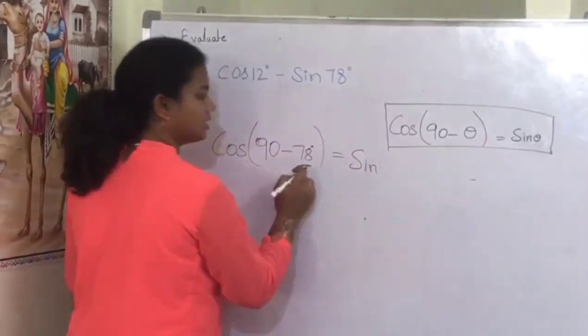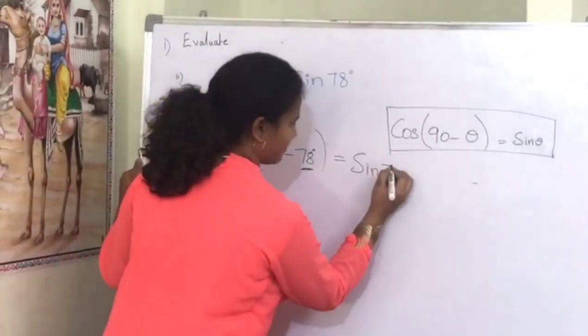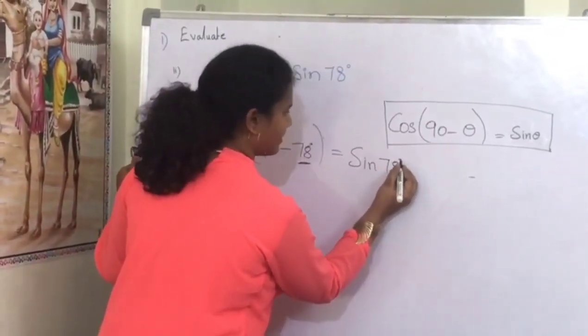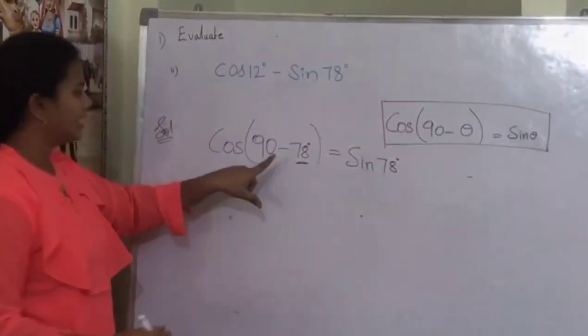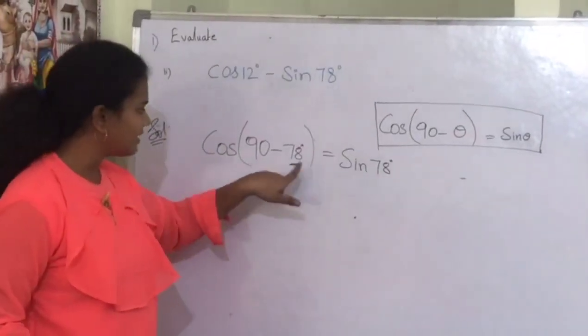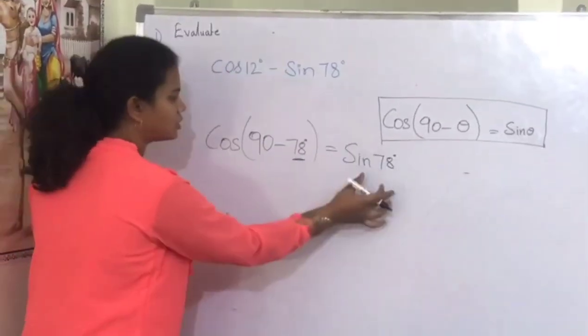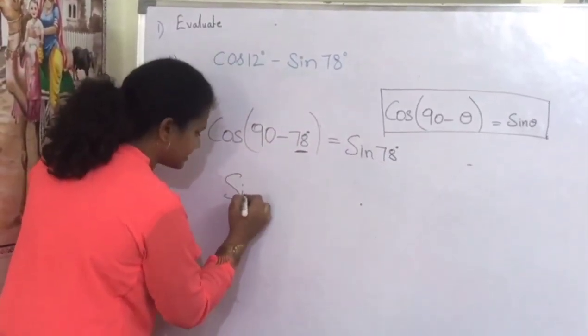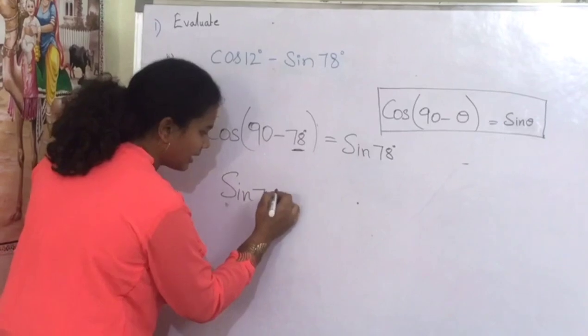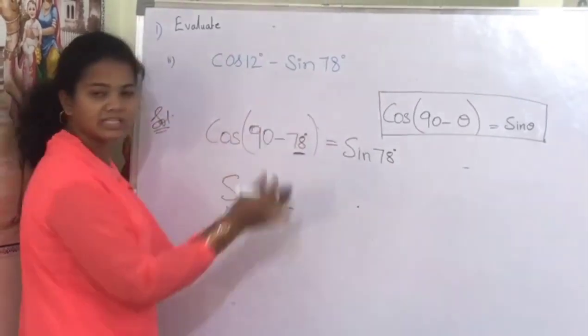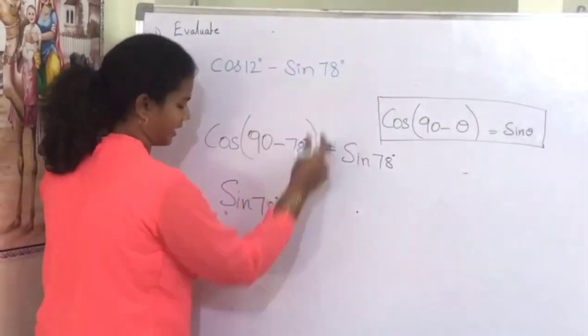So I can write cos 90 minus 78 degrees as sine 78 degree. As I changed this cos 12 to sine 78, I can write sine 78 degree minus the second sine 78.